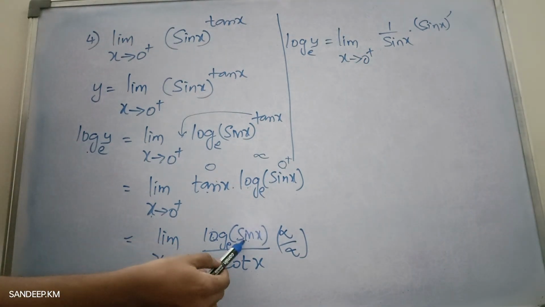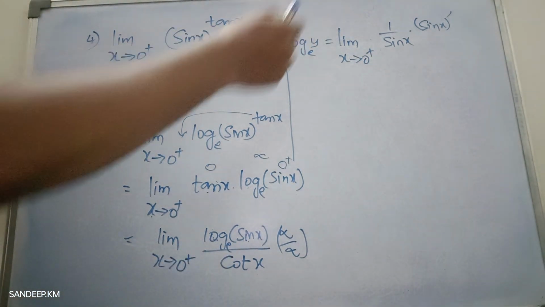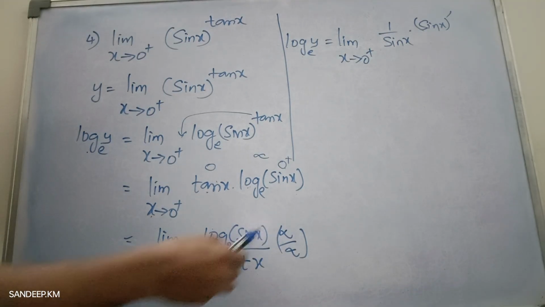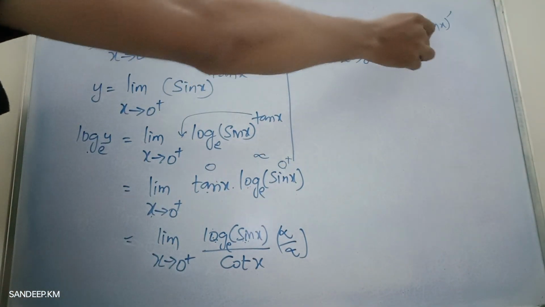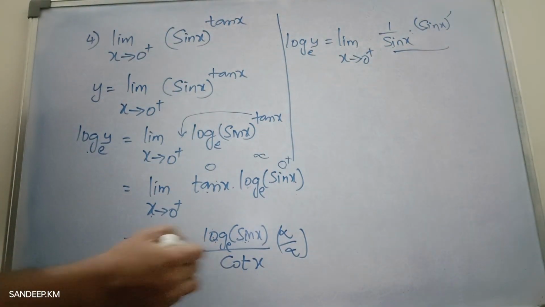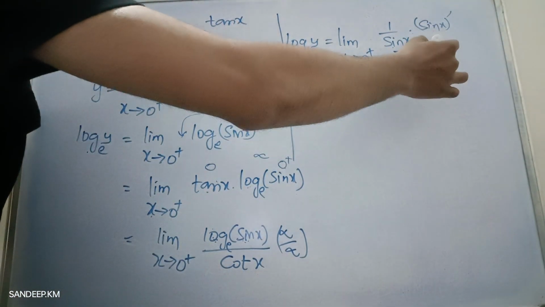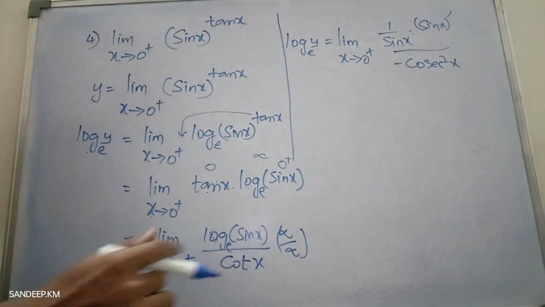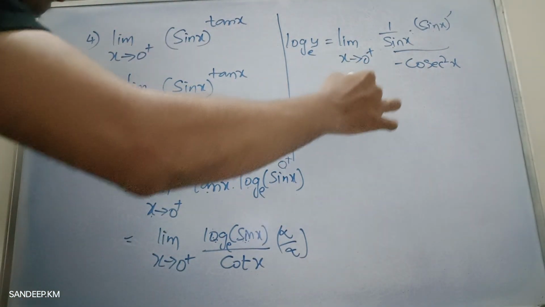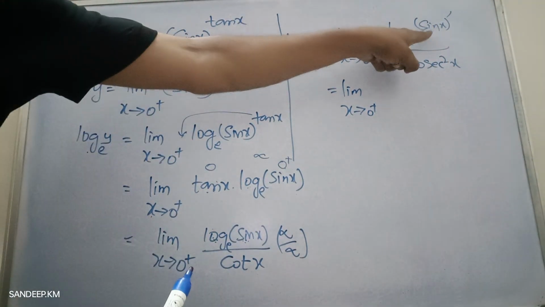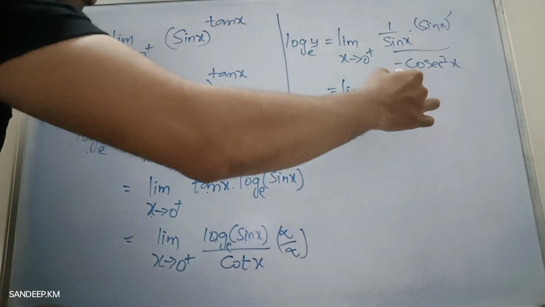So instead of x we have sin x, for that reason we should multiply by sin x derivative. So the derivative of log of f of x will be 1 by f of x into f of x derivative. Divided by, do you remember cot x derivative? It is minus cosec square x. A simple simplification: limit x approaches 0 plus, sin x derivative will be cos x, cos x by sin x.